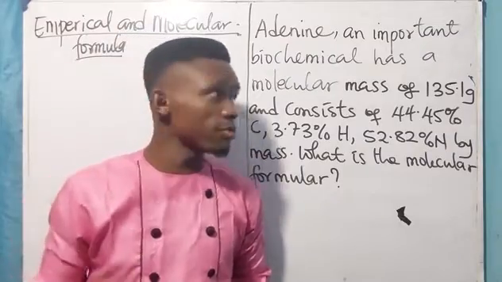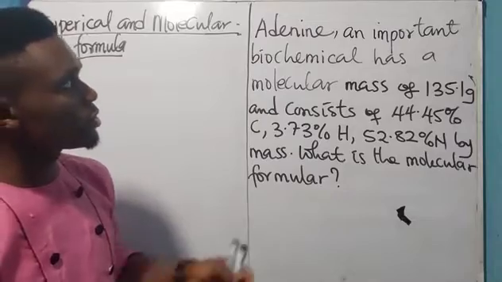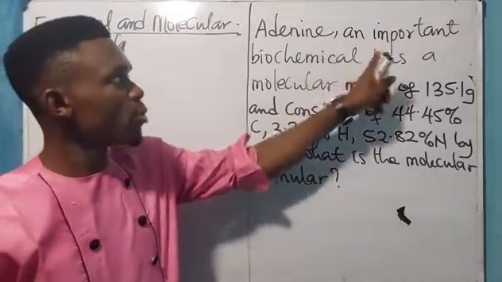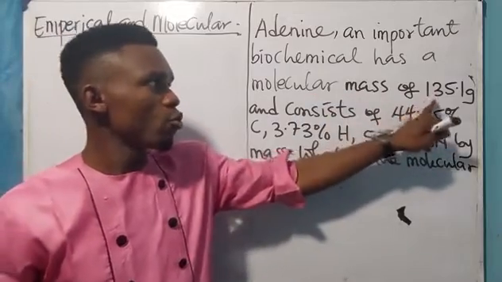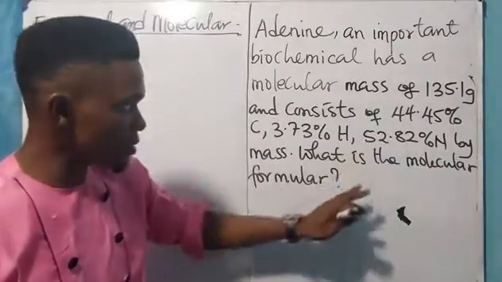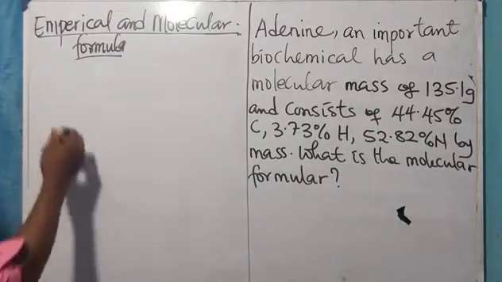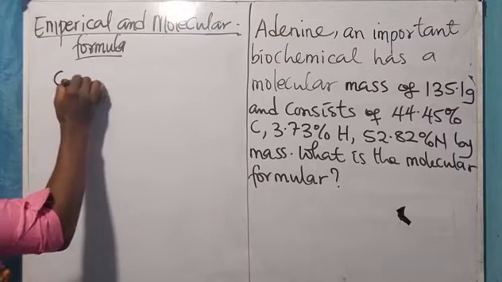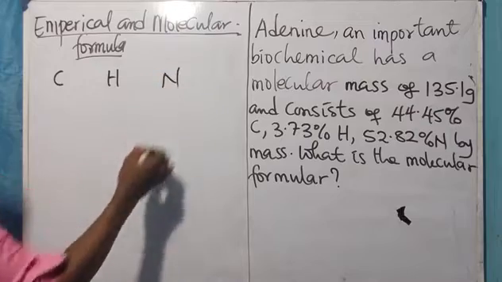Now, we have a question that you and I are to solve. The question says, adenine, an important biochemical, has a molecular mass of 135.1 grams and consists of the following. What is the molecular formula? The first thing you have to do is to bring out the elements: carbon, hydrogen, and nitrogen.